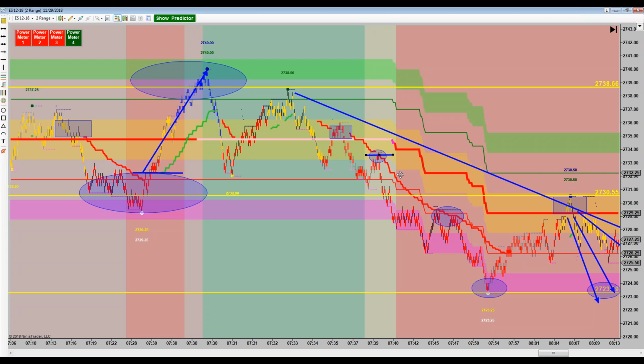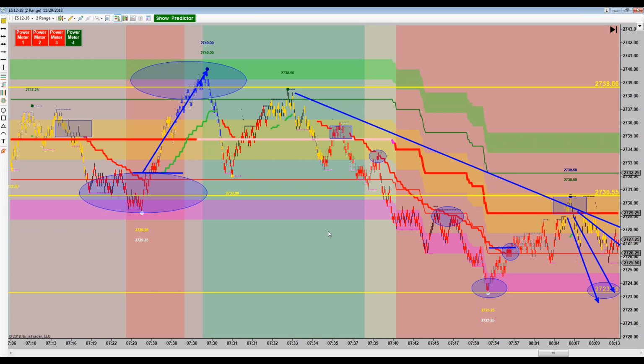Now notice what happens here is that down here, you break through line 6 and stealth and close above it, so you would be stopped out of this trade right in here. So as you're stopped out, now you are looking at reentry. So if we were in the room, we weren't because this is after 8 o'clock, but theoretically if we were in the room, we'd be saying something like, I'm looking for a retracement up around the midband, anywhere around 29 and a quarter to 30-ish to get short.